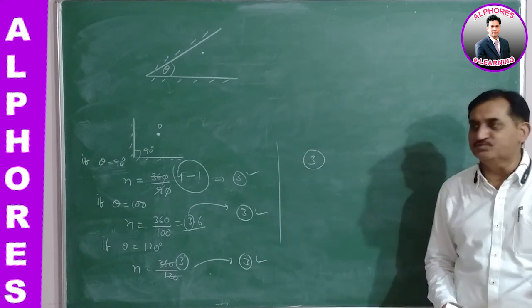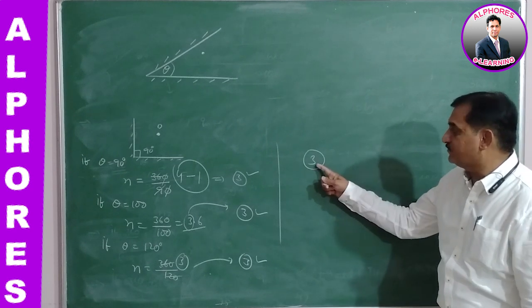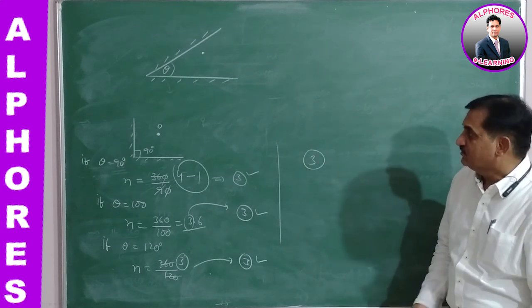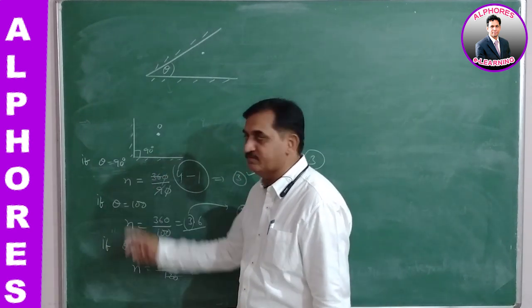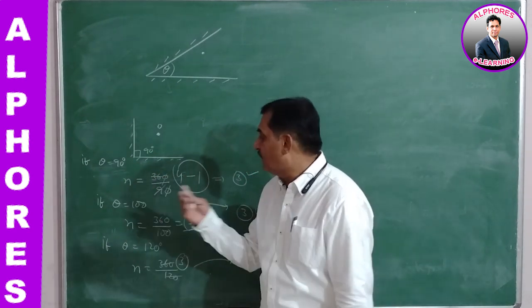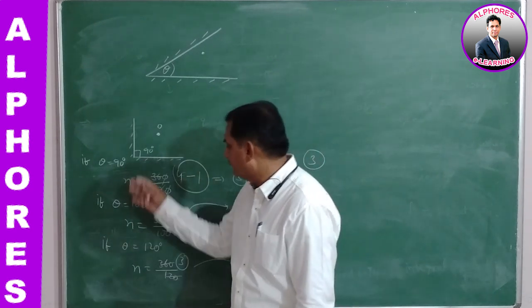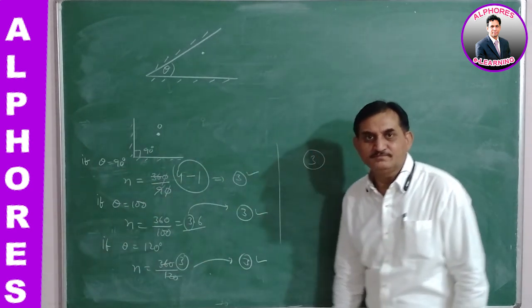The angle between the two plane mirrors is not at all fixed. It is not unique, because for 3 images we can take any value of angle, 90 or 91, 92, 93 or any value between 90 to 120 degree.